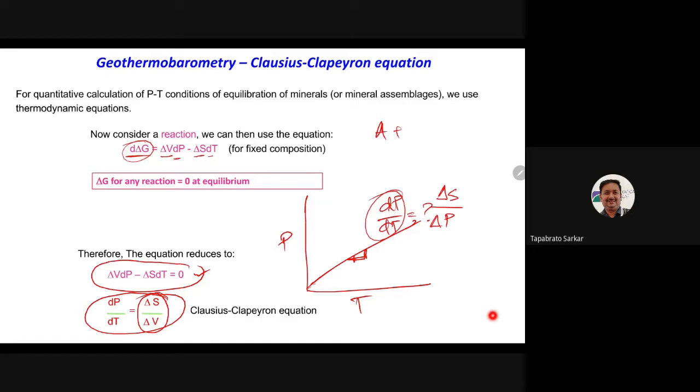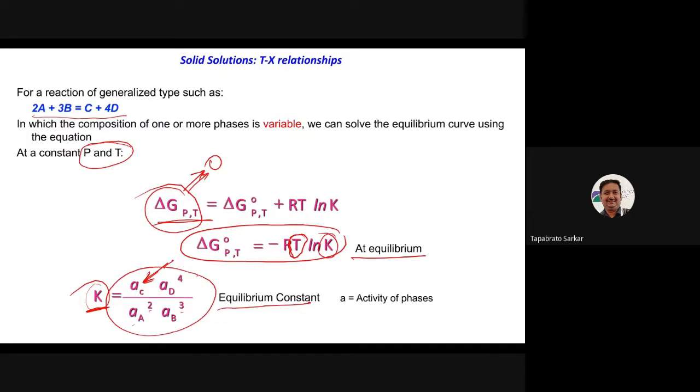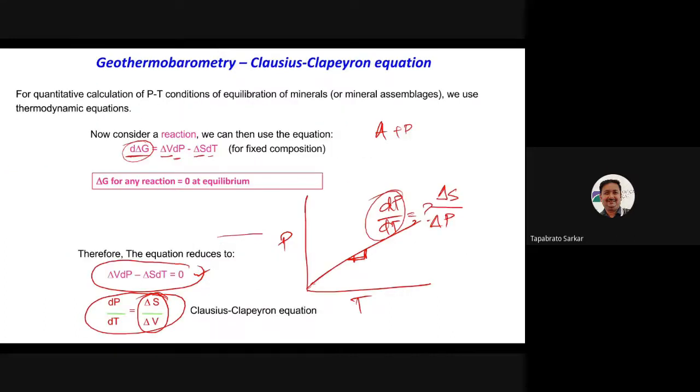For any reaction, let's say 2A plus 3B equals C plus 4D, dP by dT, which means the slope of the reaction in PT space, will be determined by the change in entropy divided by the change in volume.